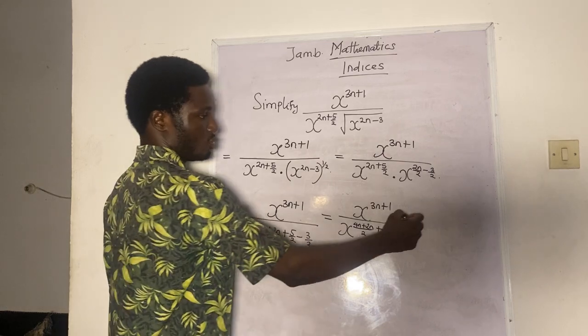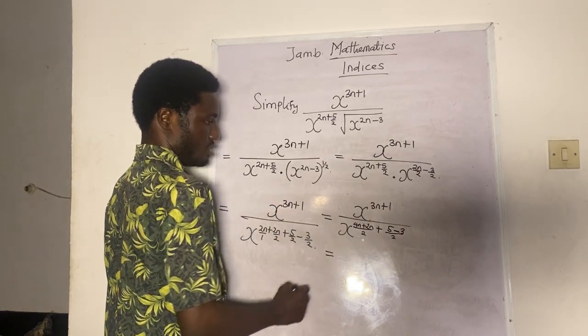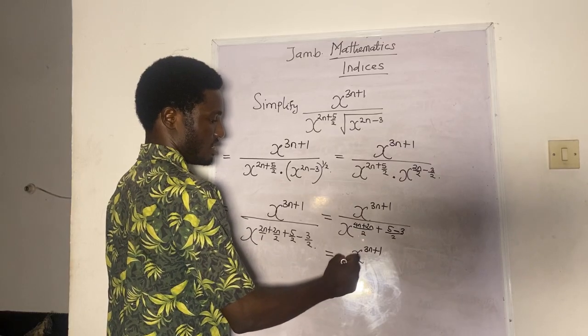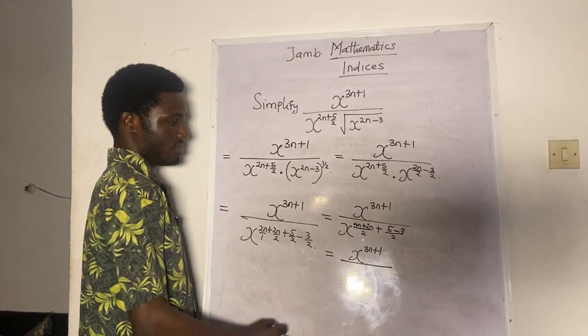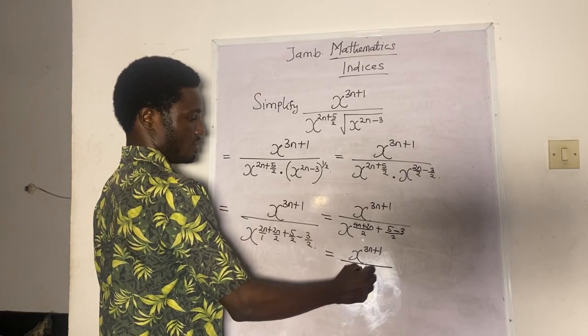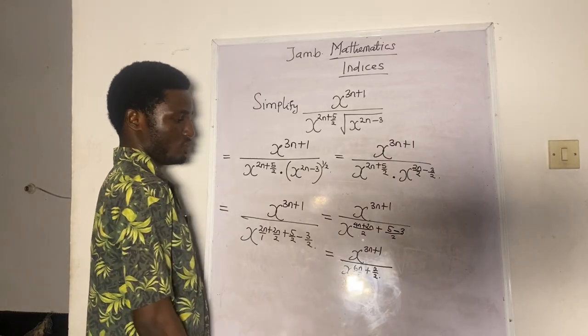So we have it to be equal to x to the power of 3n plus 1 over x to the power of 6n over 2 plus 2 over 2.